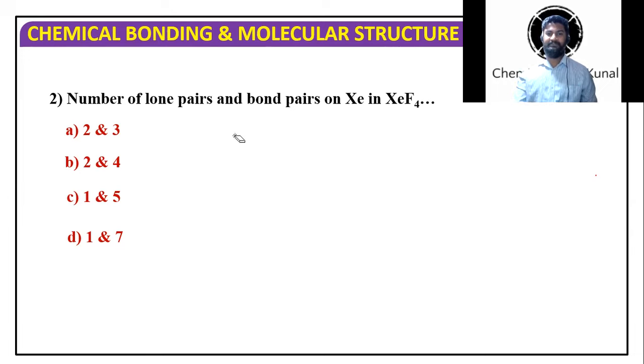So the question is XeF4. What should we do first? Yes, correct. Finding the valence electrons. How many valence electrons does xenon have? Xenon belongs to the noble gas family, right? So valence electrons will be 8.